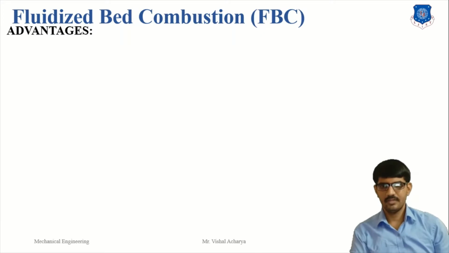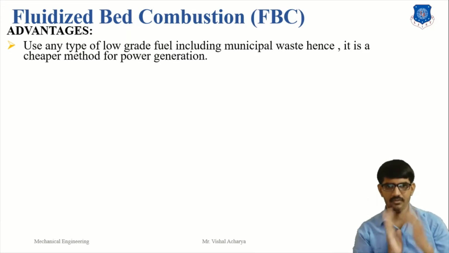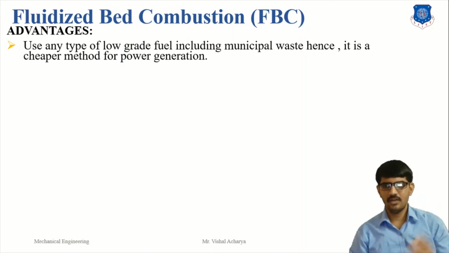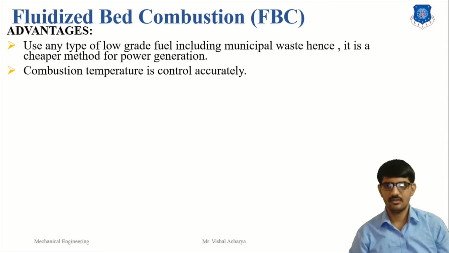Advantages of fluidized bed combustion. Use of any type of low grade fuel, including municipal waste. It is a cheaper method for power generation. In India, low grade coal is available in large amounts, so this is the benefit of FBC for Indian coal. The combustion temperature is controlled accurately, so maximum combustion efficiency is achieved.